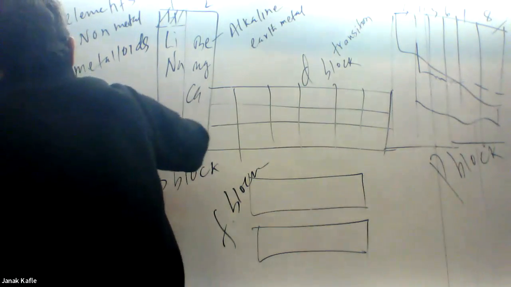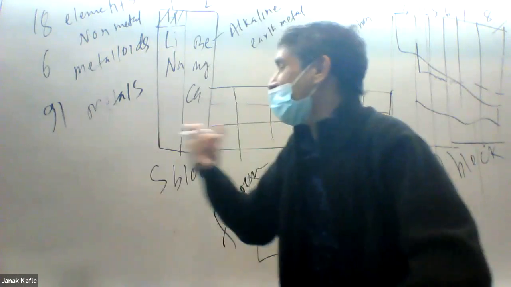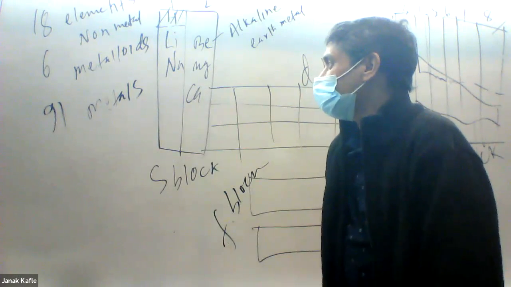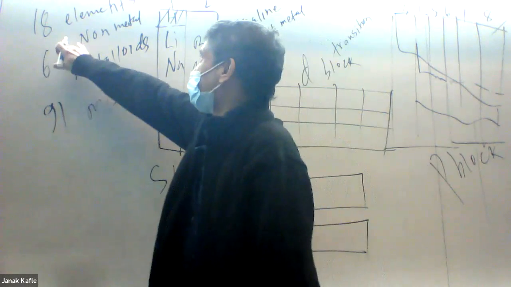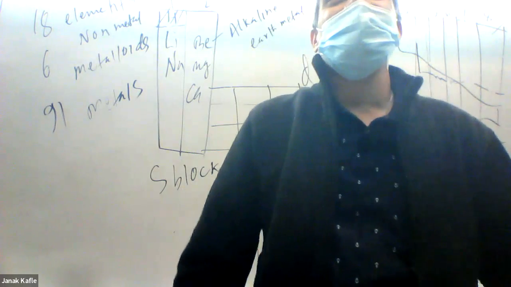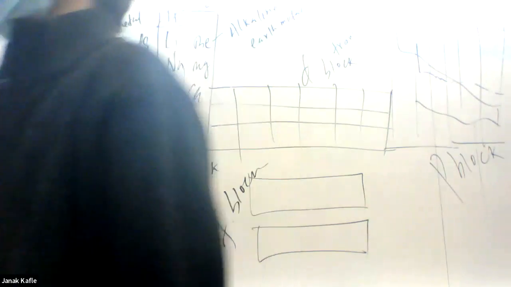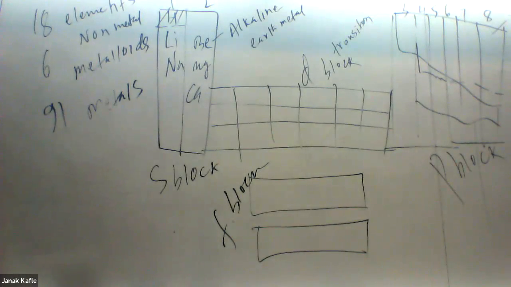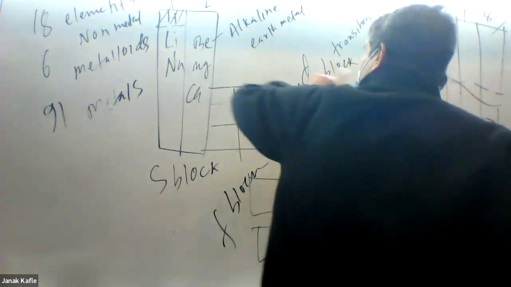About 91 are metals. So there are too many metals among the elements. They are metals, but we have a very small number of non-metals. When we go outside and look around, we see everything is a non-metal, right? Like the wood is a non-metal, plastic is non-metal, water is non-metal, everything is non-metal, right? But those all non-metals are made up of very few elements from here and this hydrogen.